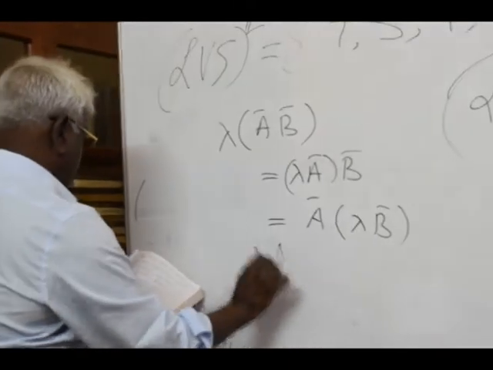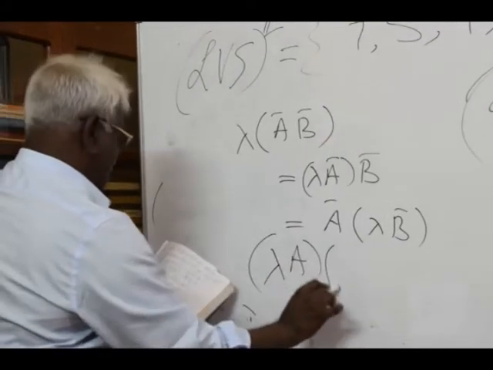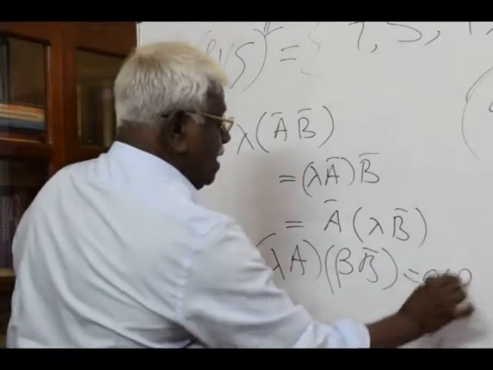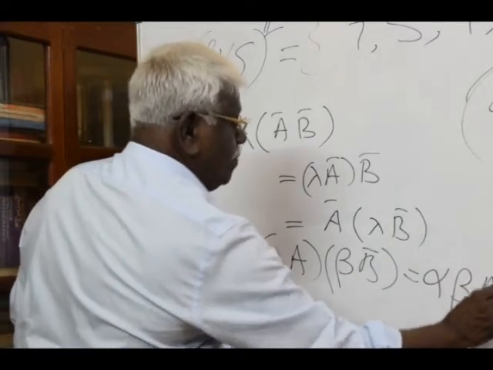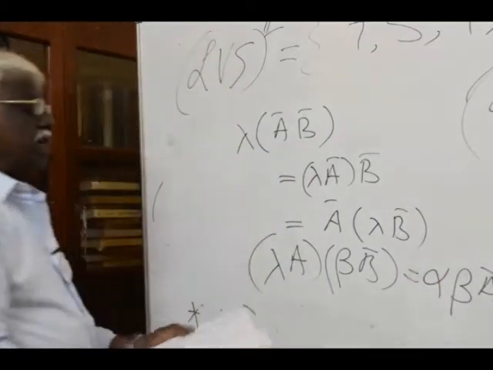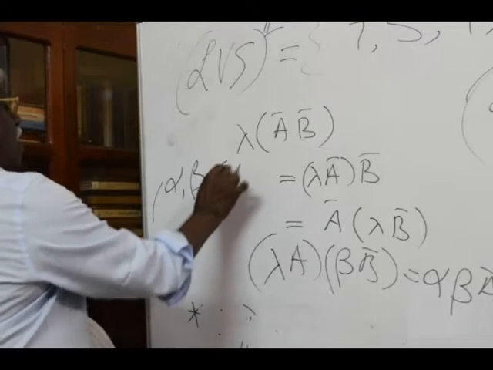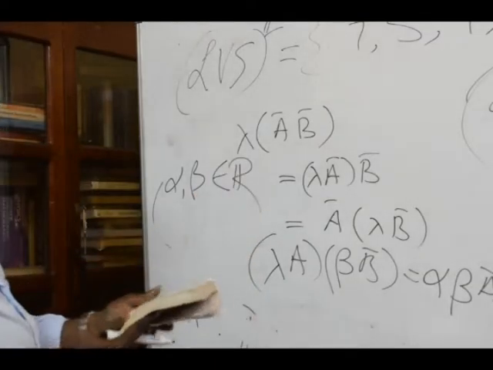Lambda A into beta B equals alpha beta AB. Here alpha beta belongs to R, real field.